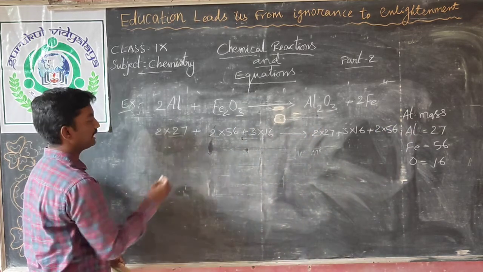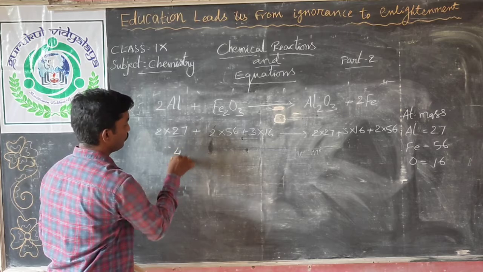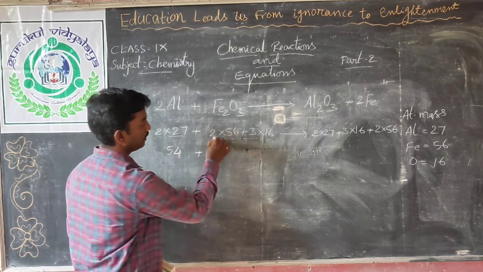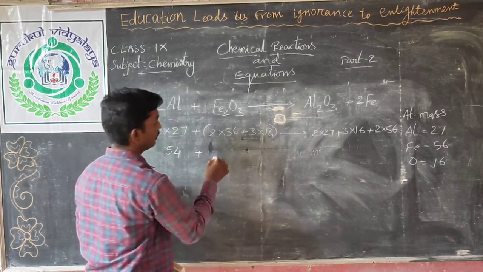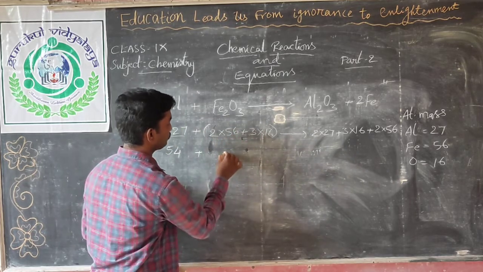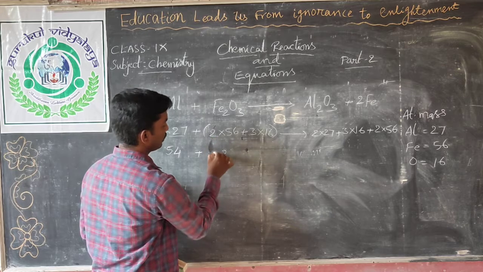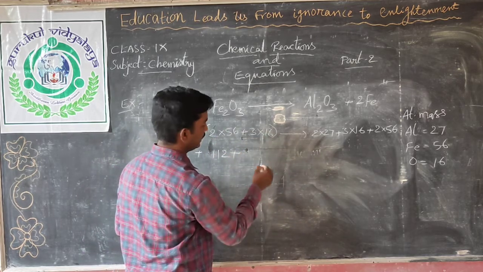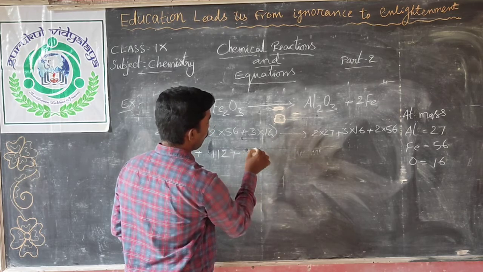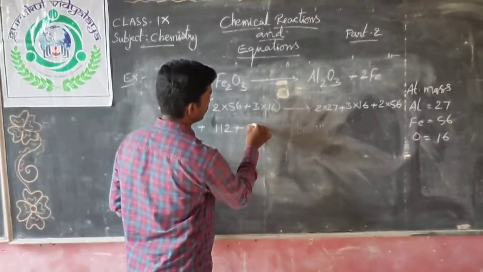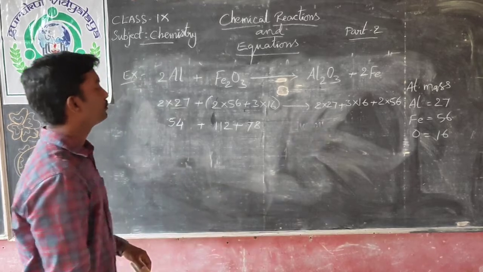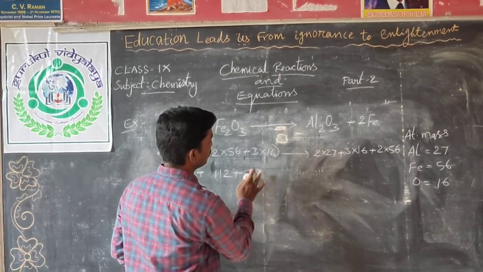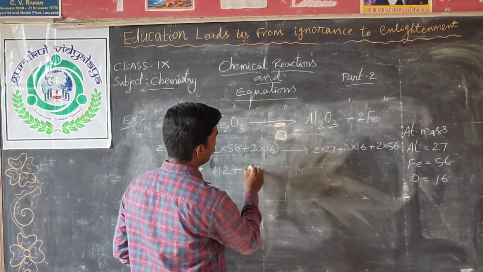Here 2 into 27 is 54, plus 2 into 56 is 112, plus 3 into 16 is 48.